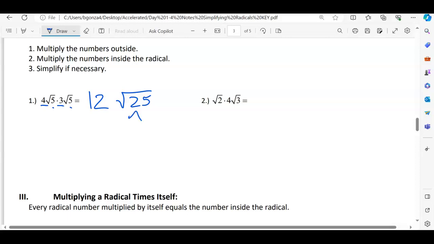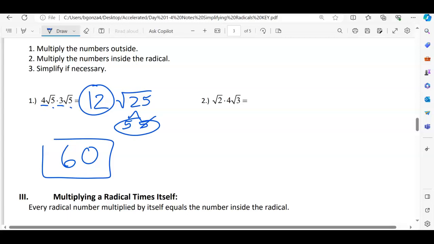Now, what times what is 25? 5 times 5. And if you notice that there's no loners, that means it was a square number. 25 is a square number. We should already know the square root of 25 is 5, right? So what do I do with 5 and 12? Multiply. Always multiply. 12 times 5 is 60.